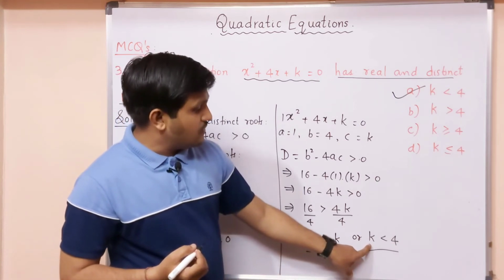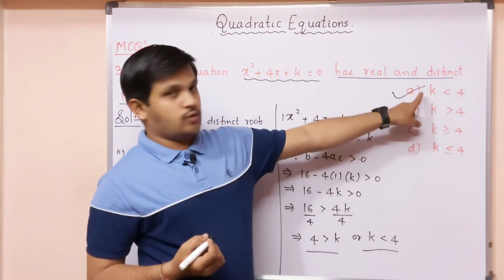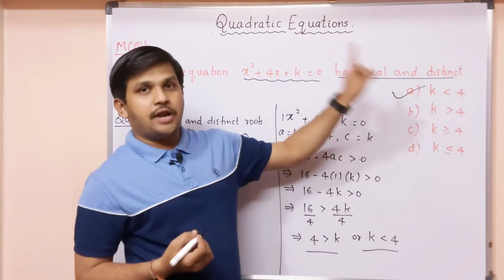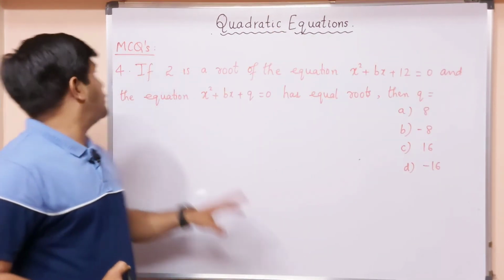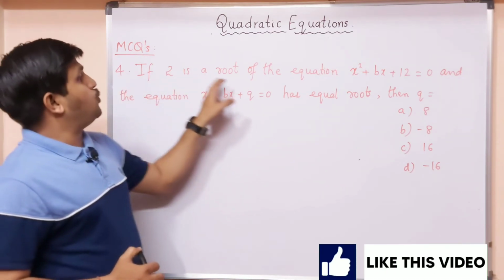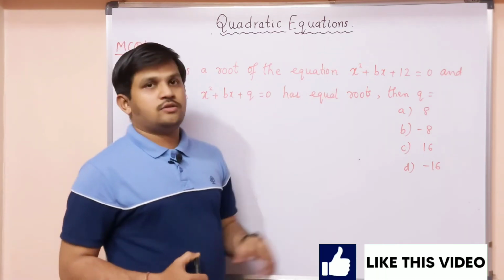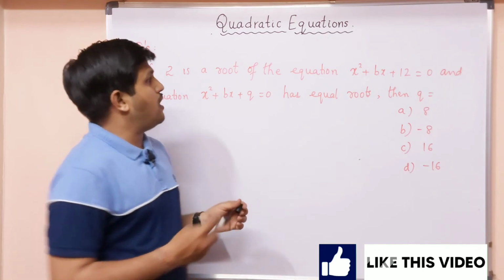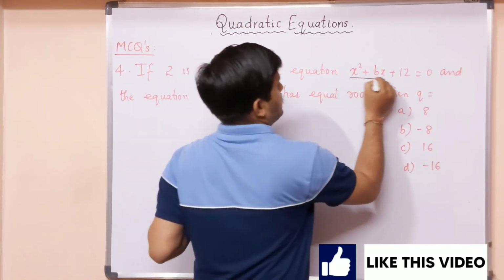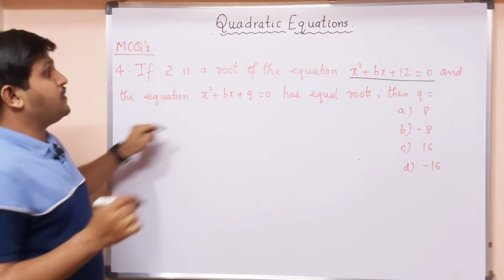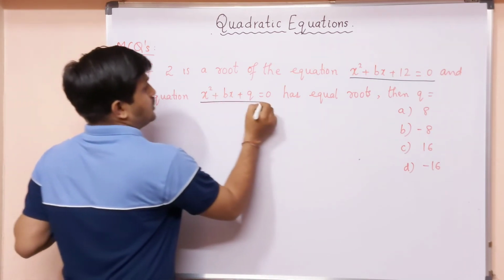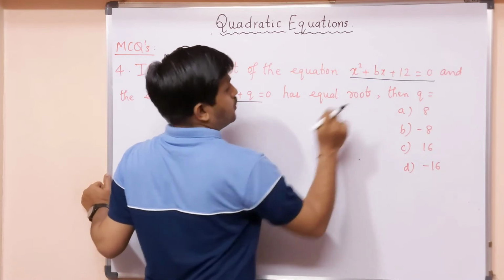Therefore, in this case we got the value of k is less than 4. Option A is the right answer. So note down. Now look at question number 4. If 2 is a root of the equation, what is the equation given? x square plus bx plus 12 is equal to 0, and the equation x square plus bx plus q has equal roots.